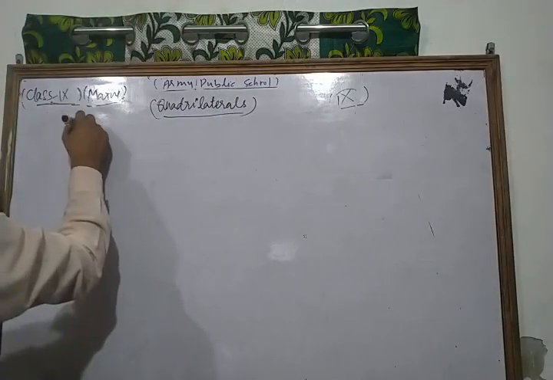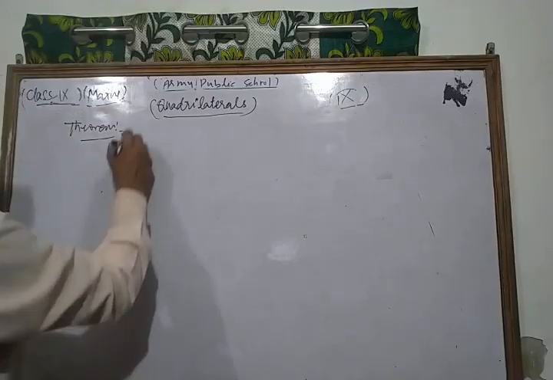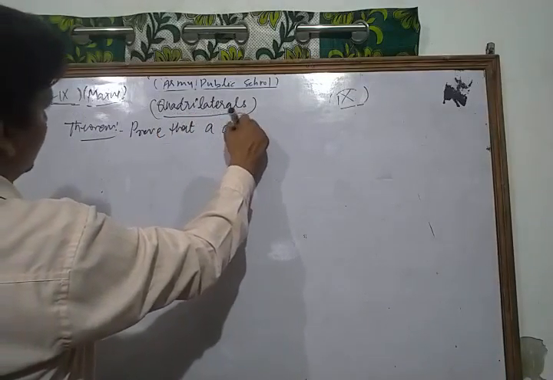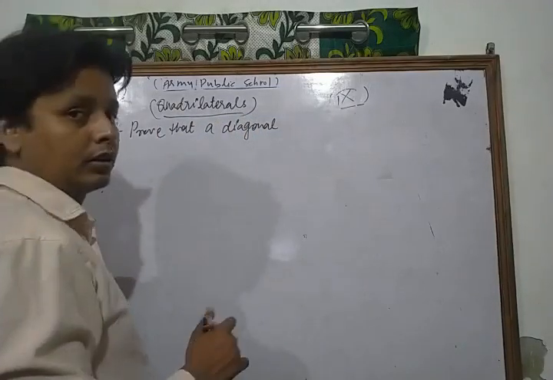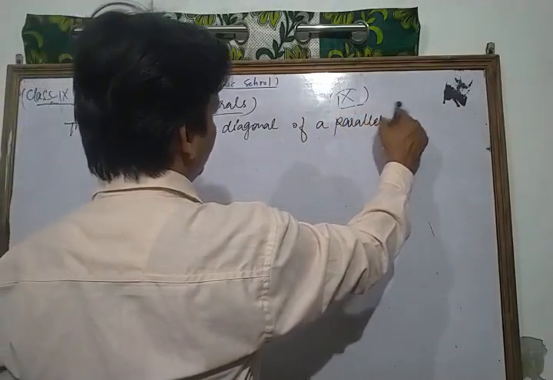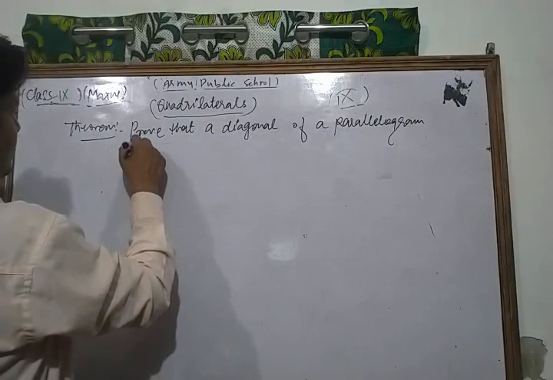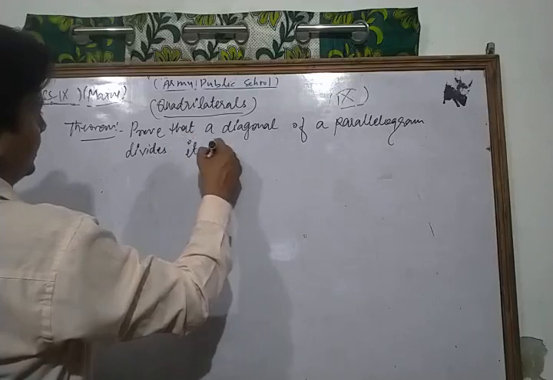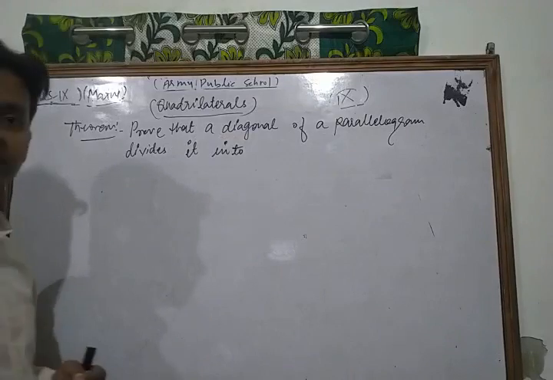The first theorem is: prove that a diagonal of a parallelogram divides it into two congruent triangles.